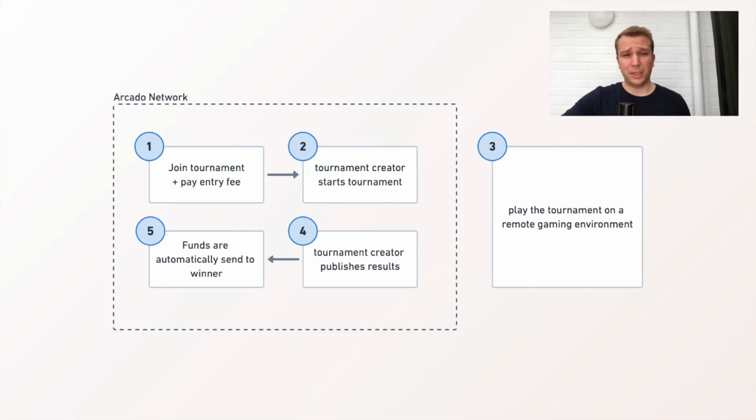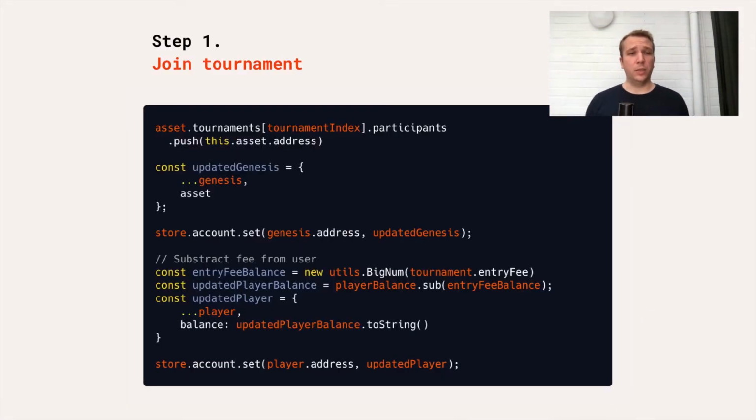Talking about custom transactions, here's how it looked in code, where we have a participants list of a tournament, where we push the given address, update the asset store, subtract the fee from a user balance, and update the account.